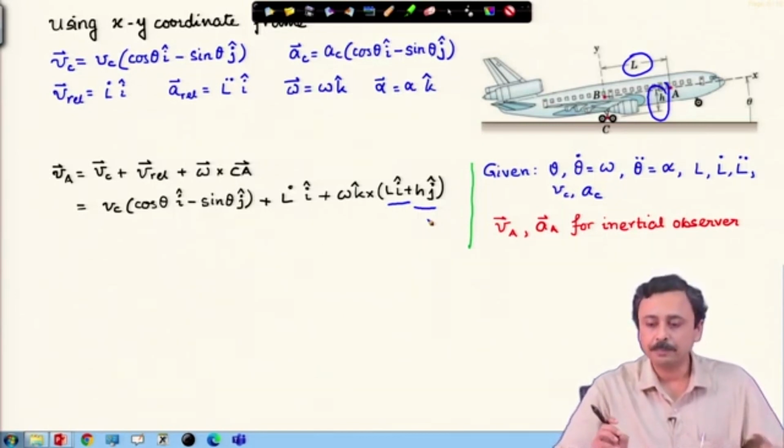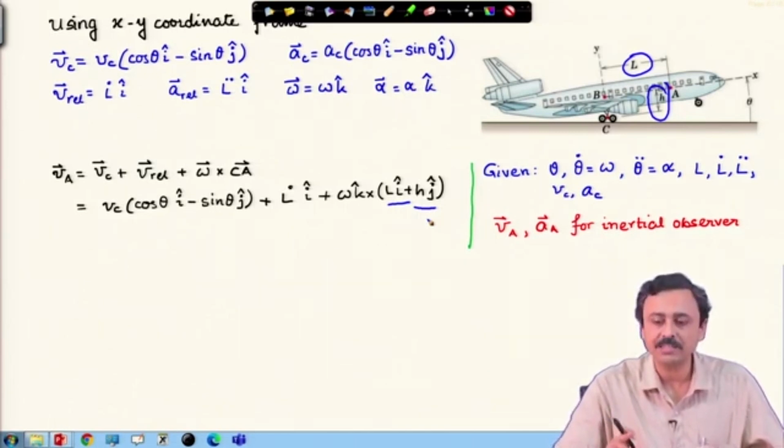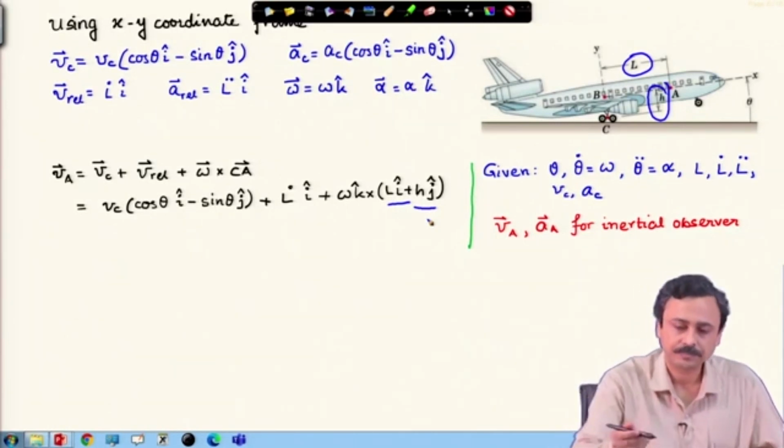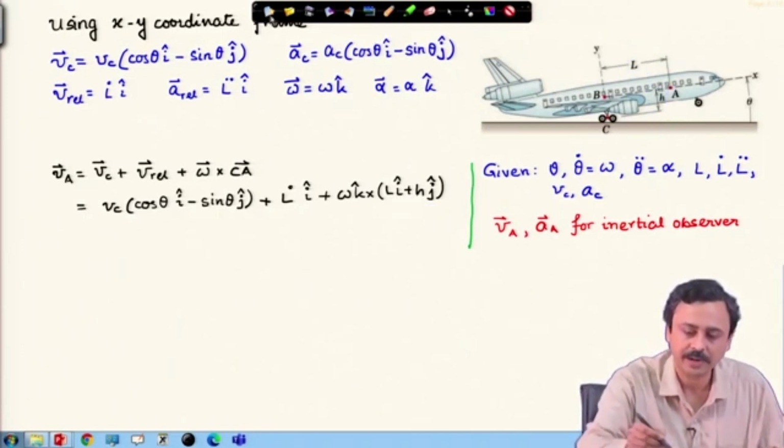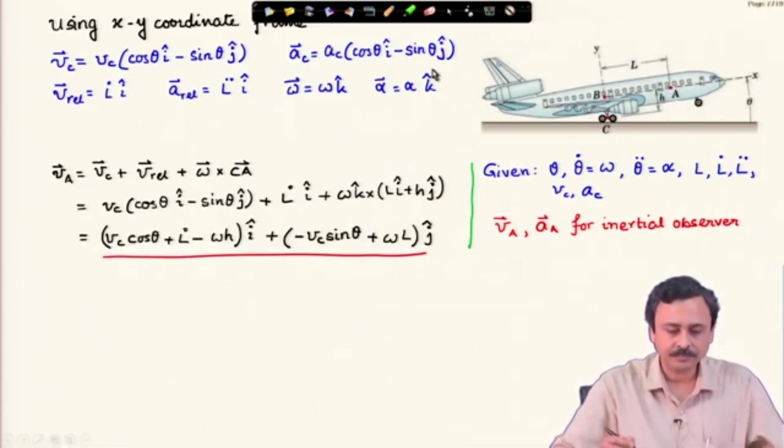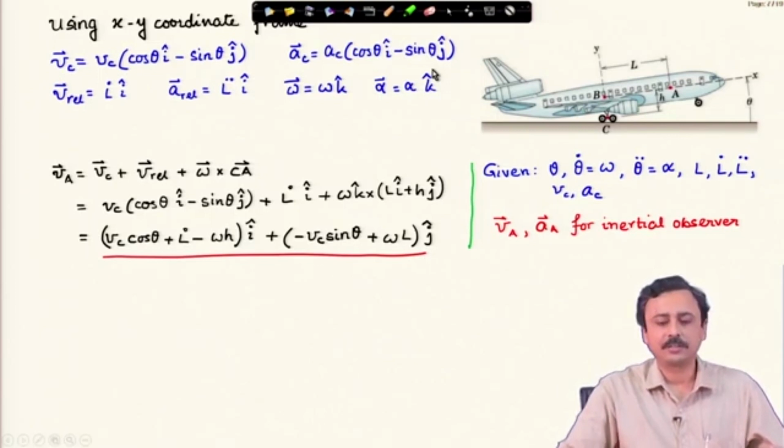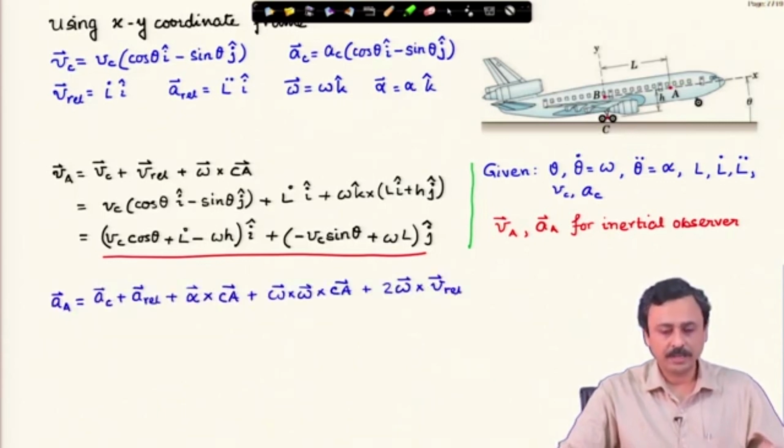That is the vector Ca. So, Ca is Cb plus Ba. That is how we arrive at this. Just take the cross product and then rearrange, you are going to get this expression, straightforward algebra.